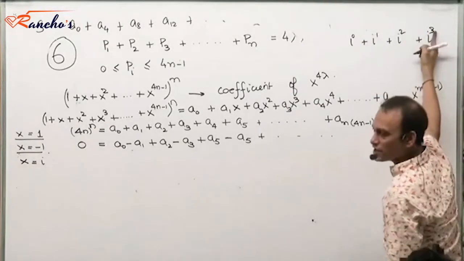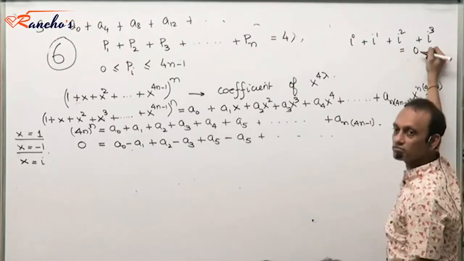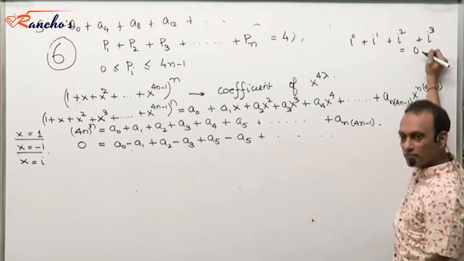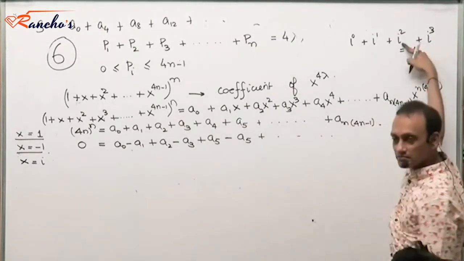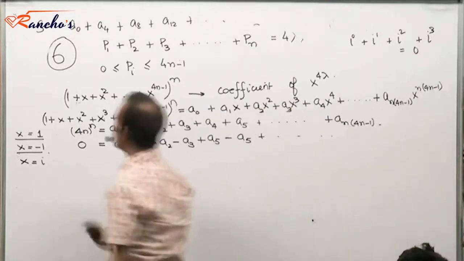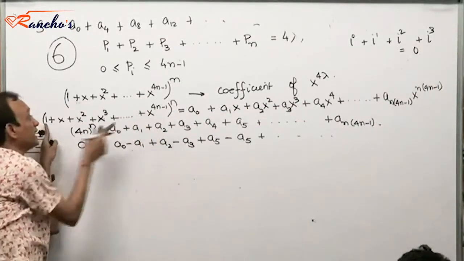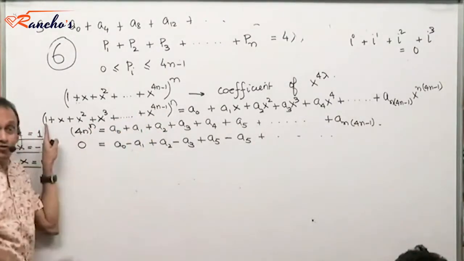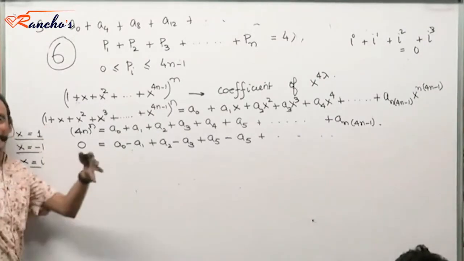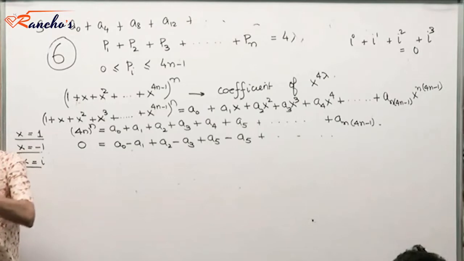Yes or no? Do you see that? So if I plug in x equal to i on both sides, again I can group them in 4s because they are 4n numbers. I can take the first 4, then the next 4, and the next 4, and they will add up to 0, isn't it?